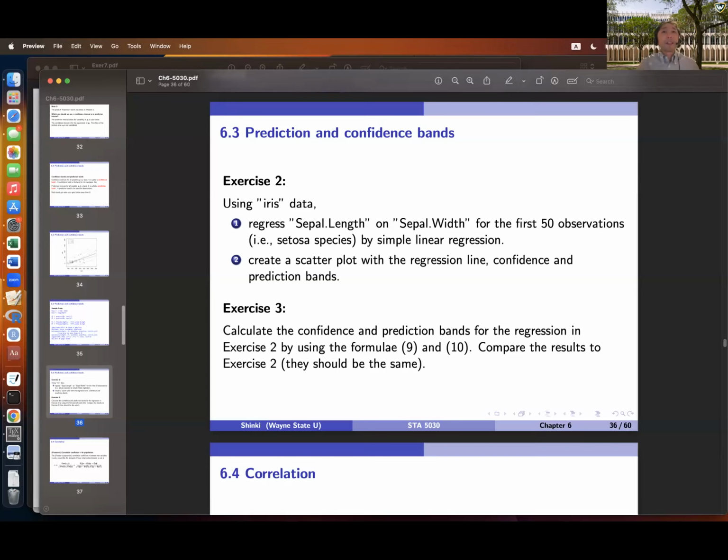Okay, so at first, maybe I have to check the attendance. Participants, we check attendance here. And we have 18 students. Okay, and I will set up maybe 4 breakout rooms to do exercise 2 and exercise 3 for about 15 minutes.